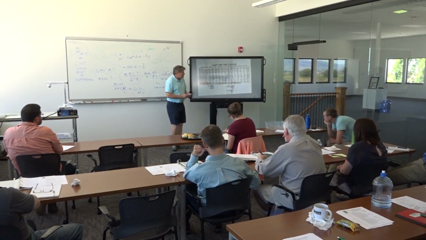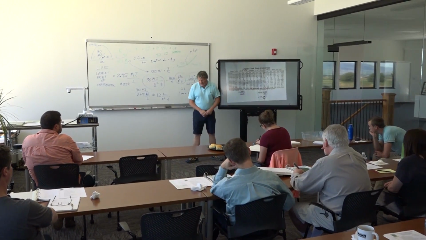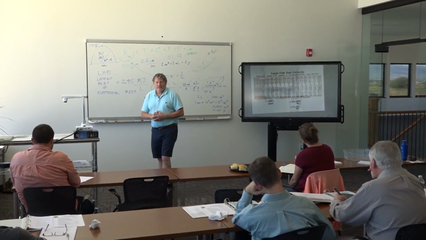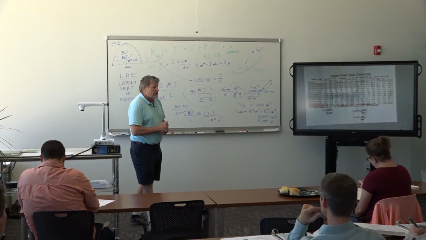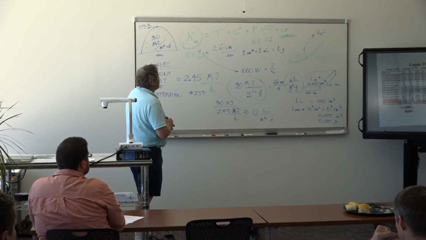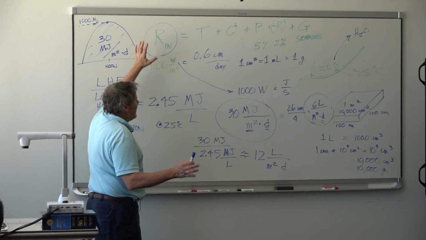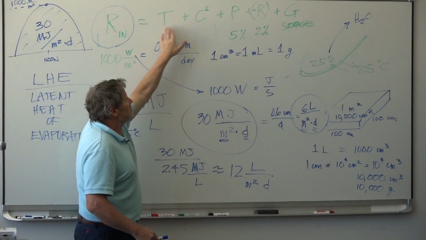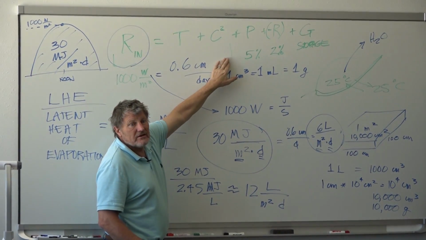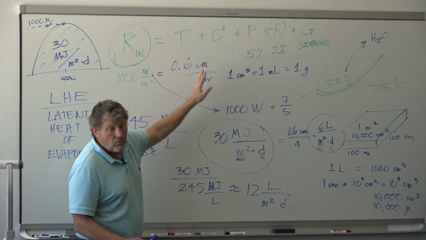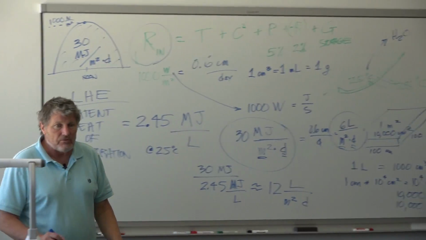But this is an empirical number, 0.6 centimeters a day during the hottest month of the year around here. Once we get this number analyzed, then we can start to look at partitioning between how hot the object gets and how much water it has to evaporate.